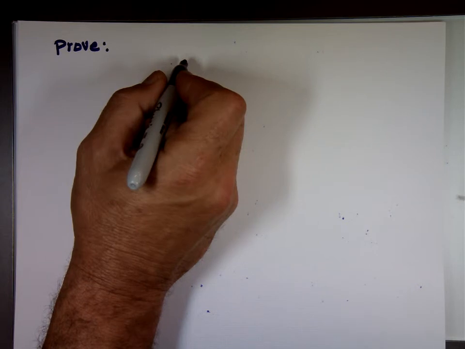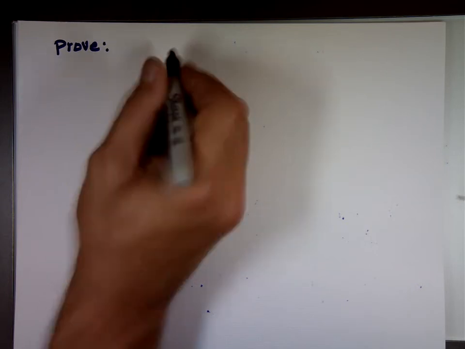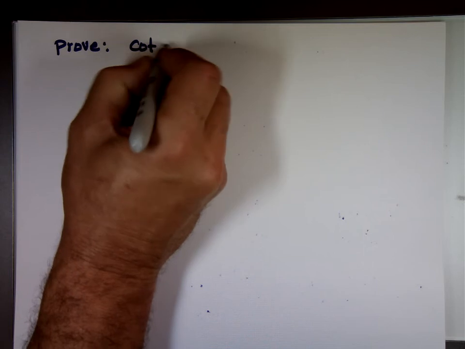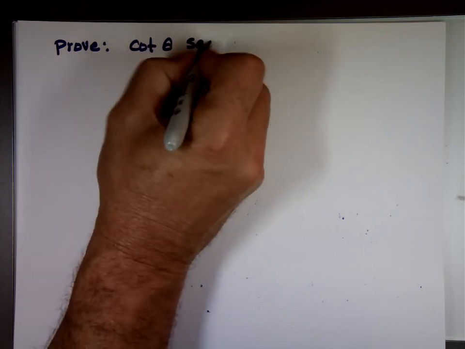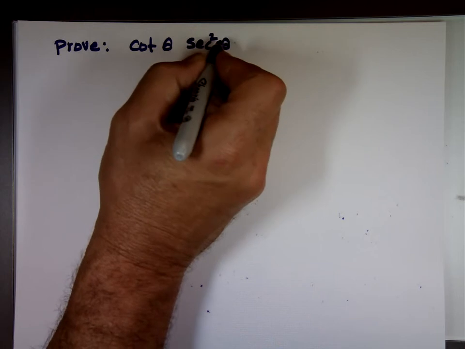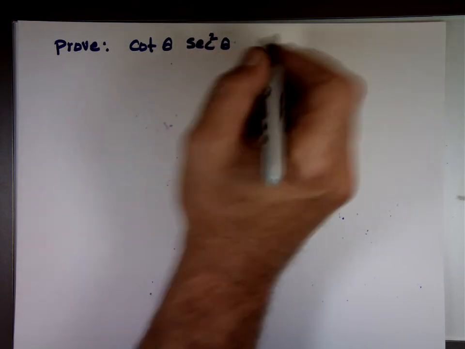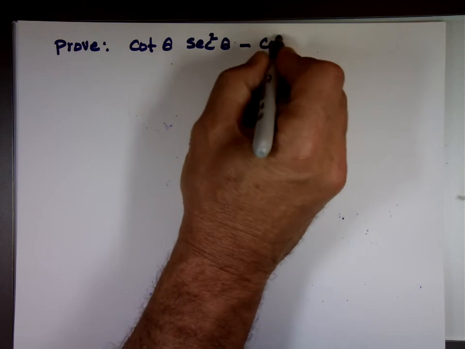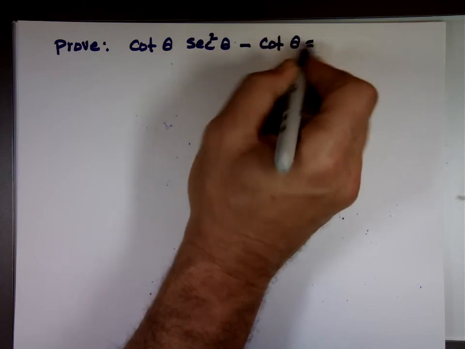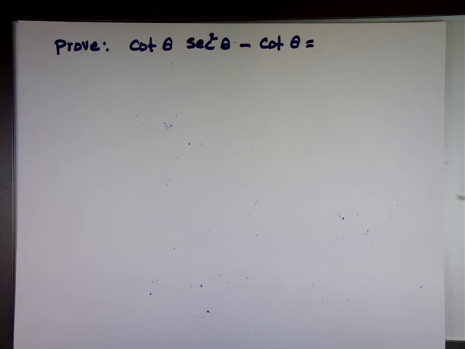Cotangent theta, secant square theta minus cotangent theta. I can honestly tell you, this is me the first time seeing it, just like you, your first time seeing it. So I never seen some of these.